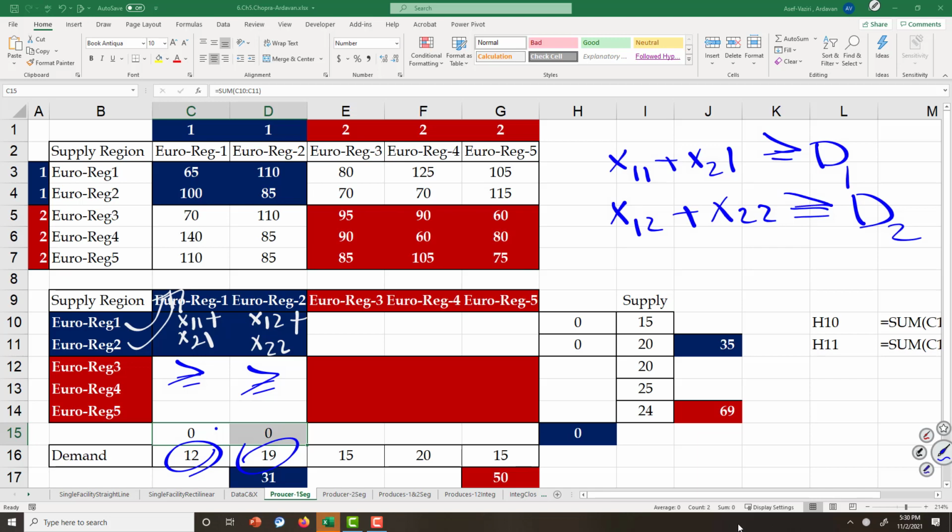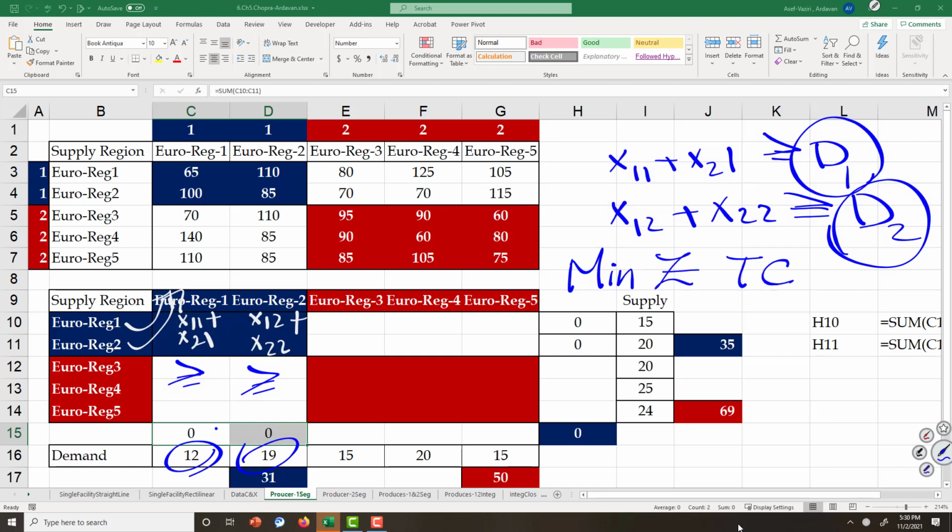Why? Because the objective function of the problem is minimization of the total cost. And solver sees no logic to send more than 12 units to destination 1 and more than 19 units to destination 2 and increase the objective function. As soon as we write greater than or equal, it will only send equal. Evaluation of less than or equal and greater than or equal constraints are easier in linear programming than equal constraints.